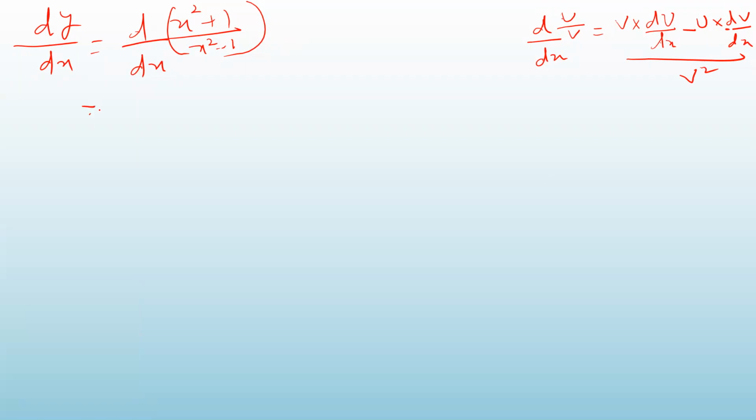So u is x square plus 1 and v is x square minus 1.